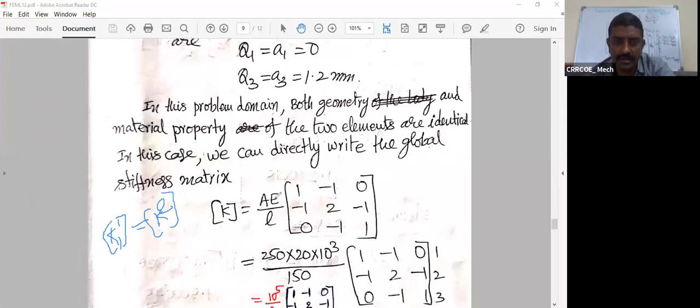So AE by L times the global stiffness matrix: only the K22 value is 1 plus 1, K11 is 1, K33 is 1, and the rest are symmetric: -1, 0, -1, 0, -1, -1. So this is the global stiffness matrix. We directly wrote the global stiffness matrix because we know these two elements are identical.